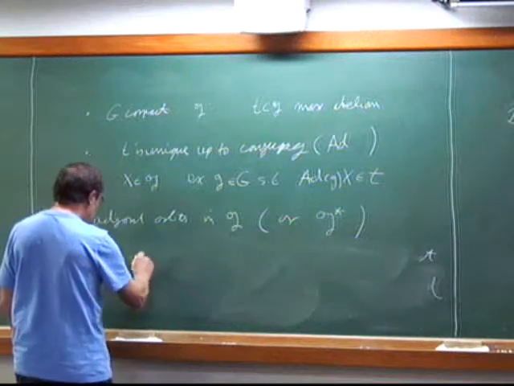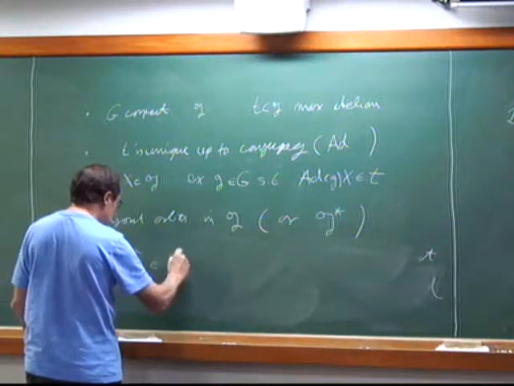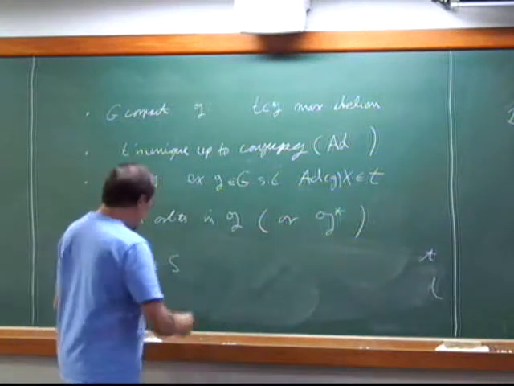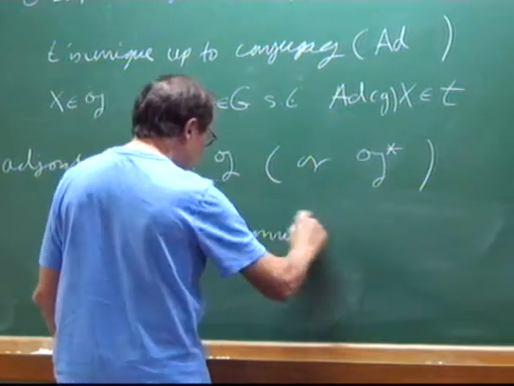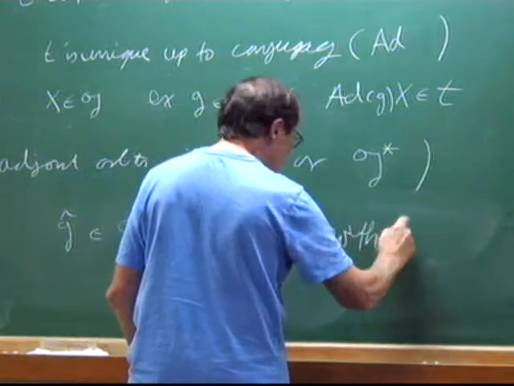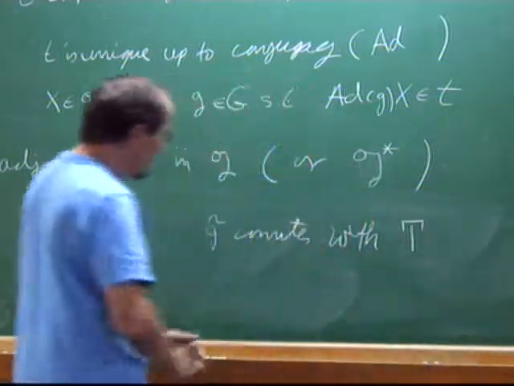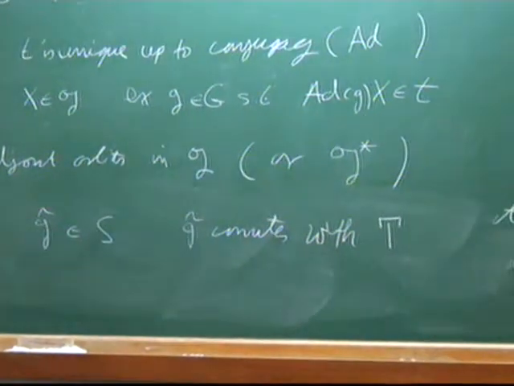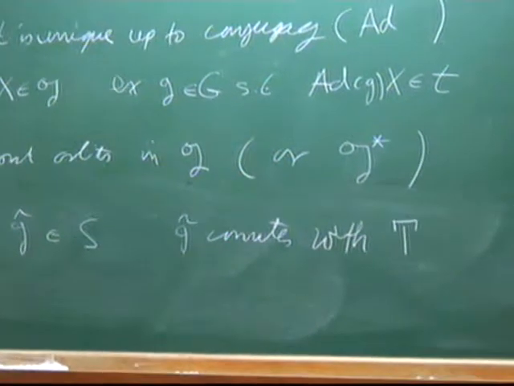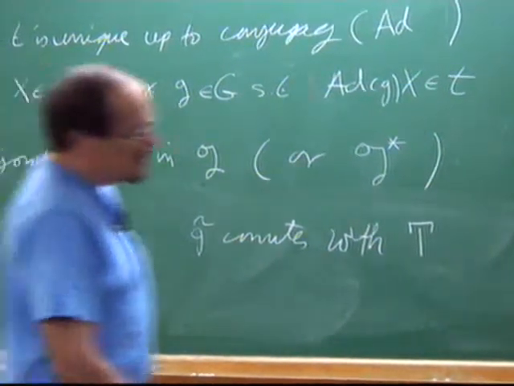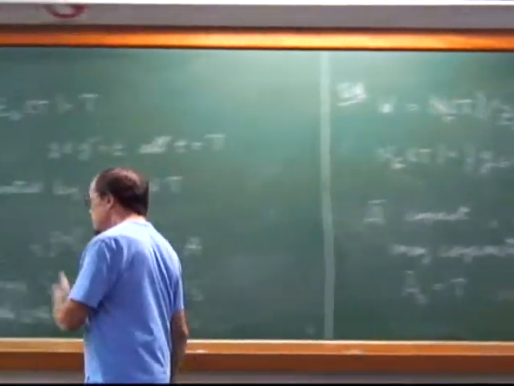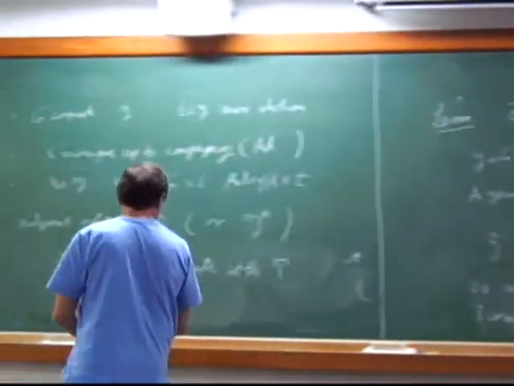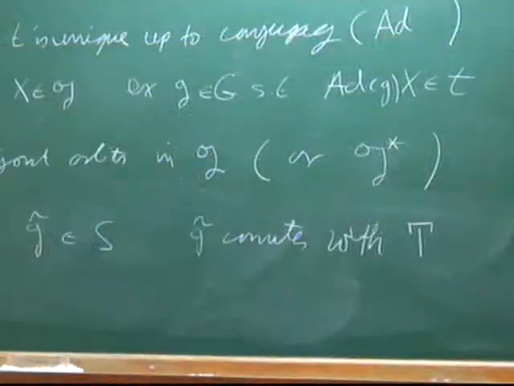This new element G tilde, which was contained in my new maximal torus S, has the property that G tilde commutes with T. G tilde was in A, right? T lies in A, commutes with everything. It's an abelian group. A bar is an abelian group, it's a closure of something abelian. Contains T clearly, so this element G tilde must commute with T.